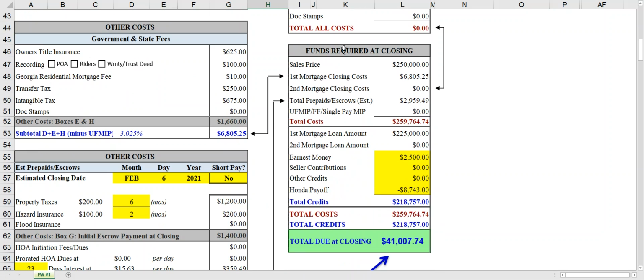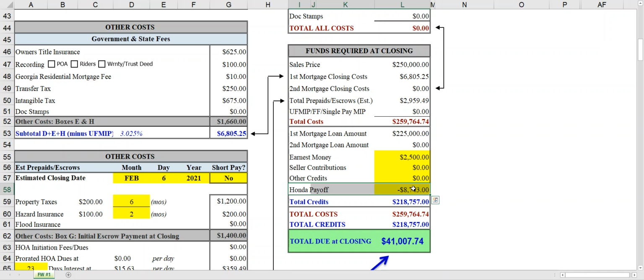And at the bottom here, we see our funds required to close. Sales price, estimated closing cost. This is deposited into our escrow account, your first year of hazard insurance premium, and then that little bit of per diem interest. You see a mortgage amount. Do have your earnest money here, just estimated 1%. In order to qualify, we are going to have to pay off your Honda. So what will happen is we will just add that to part of your cash needed to close. You don't need to pay that off beforehand.